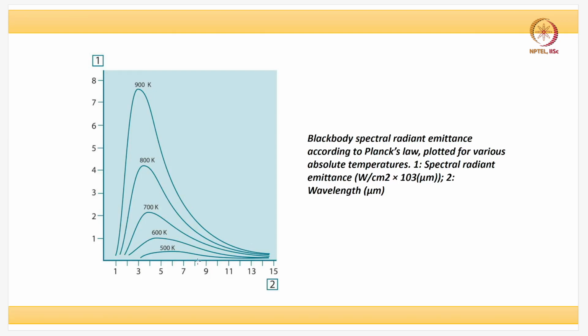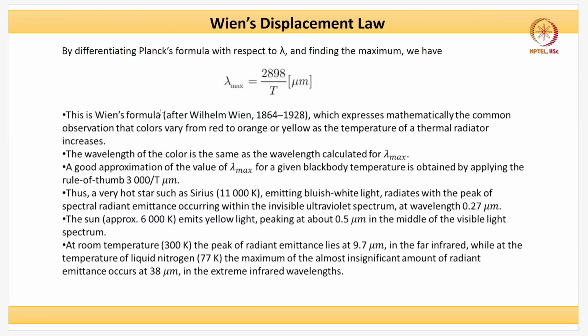wavelengths. So as you can see, the curves mostly peak at a particular wavelength. Okay, and this wavelength shifts to the higher wavelengths as we go on decreasing the temperature, but it gets pushed to the lower wavelengths when the temperature goes higher and higher. All right.